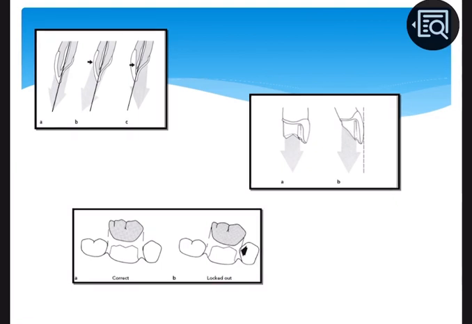So the summary is that the path of insertion is very important. It should be along the long axis of the tooth, so it will provide retention as well. It will provide good features. And the path of insertion should be parallel to the adjacent proximal contact of the teeth.